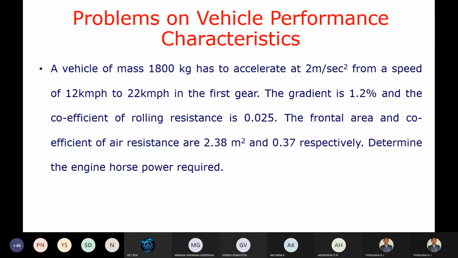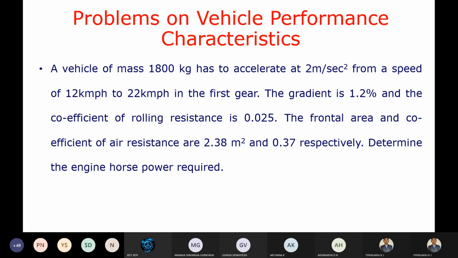First problem. A vehicle of mass 1800 kg has to accelerate at 2 meter per second square from a speed of 12 kilometer per hour to 22 kilometer per hour in the first gear.